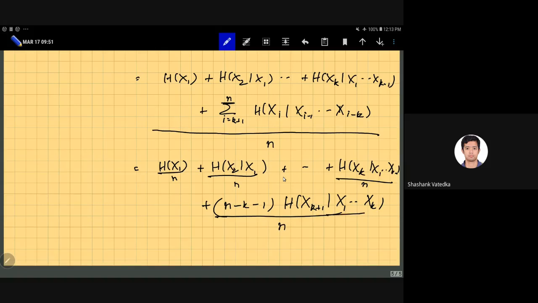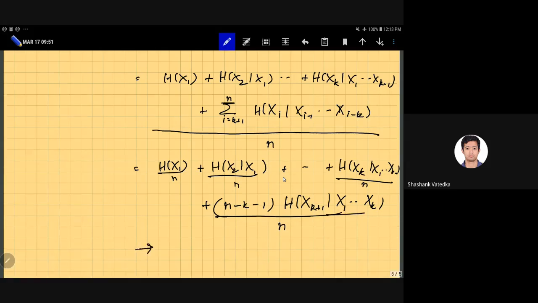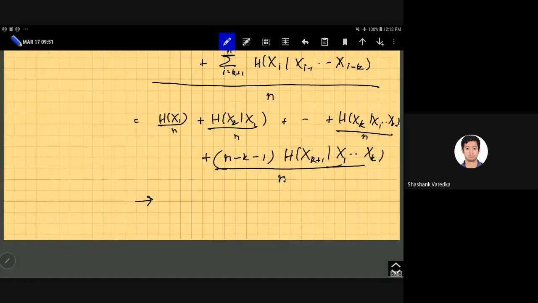Right, so this in fact converges to the kth order entropy, which is H of Xk given X1 through Xk minus 1.